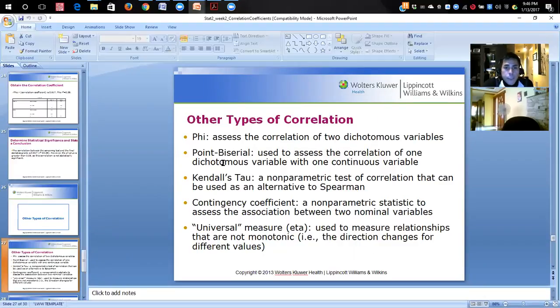And I have a correlation of one dichotomous variable with one continuous variable. So we looked at the adequacy of the maintenance and the non-adequacy of health maintenance. So that was the dichotomous dependent variable.